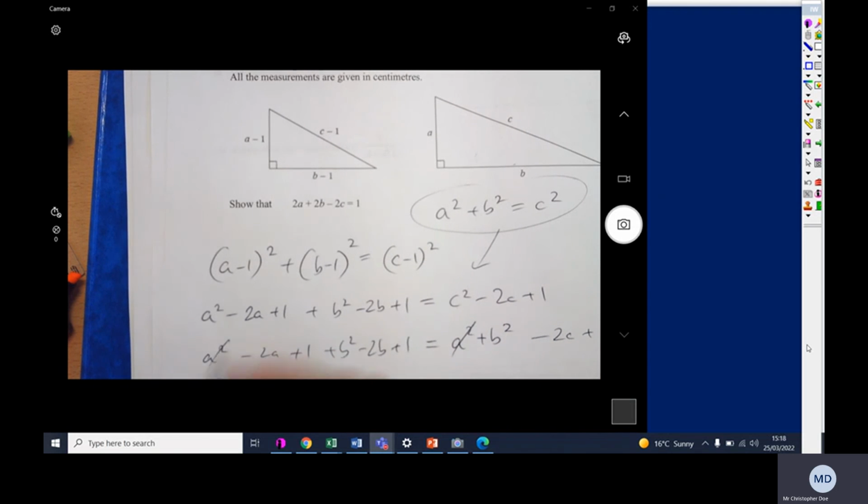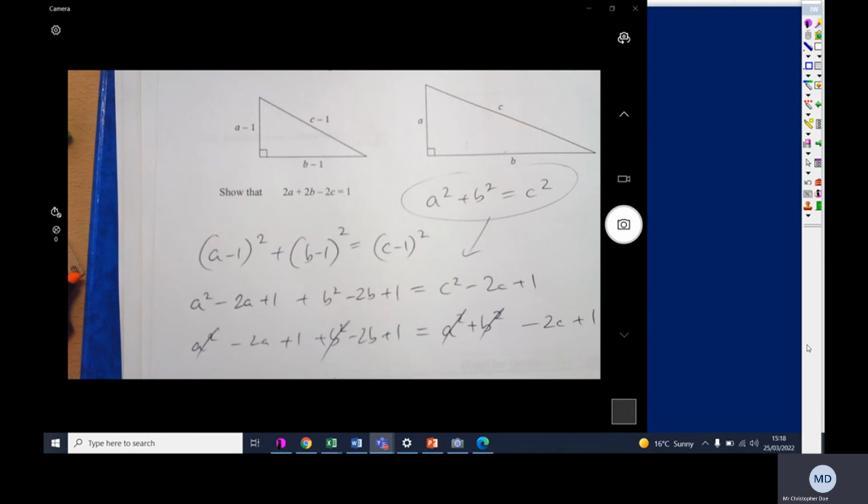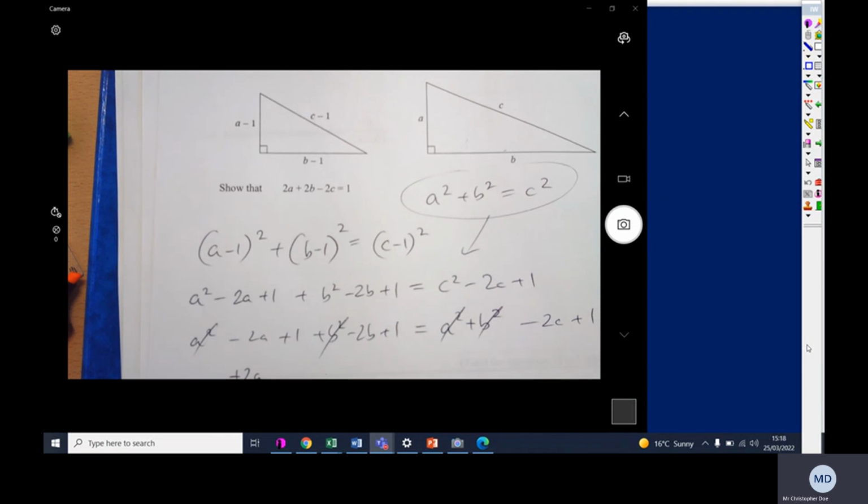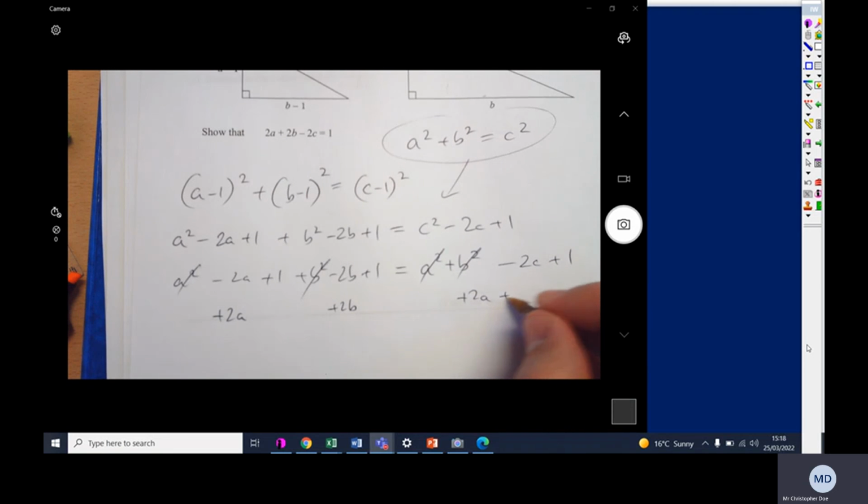I've got an a squared on both sides. I've got a b squared on both sides. I am wanting to get a 1 on this side and letters on the other side. So I'm going to add 2a to the left and add 2b to the left, and add 2a to the right and add 2b to the right.